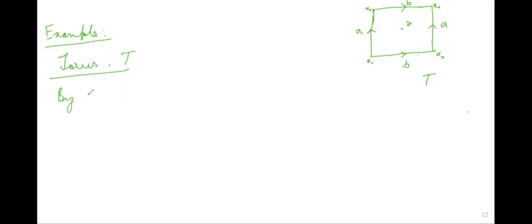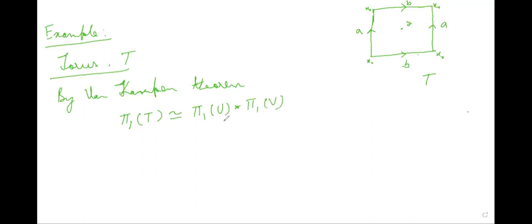So by the Van Kampen theorem can be applied, and the fundamental group of T is isomorphic to pi 1 U star pi 1 V, right?